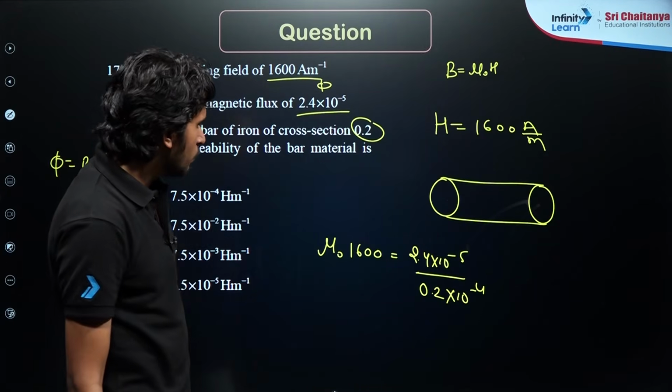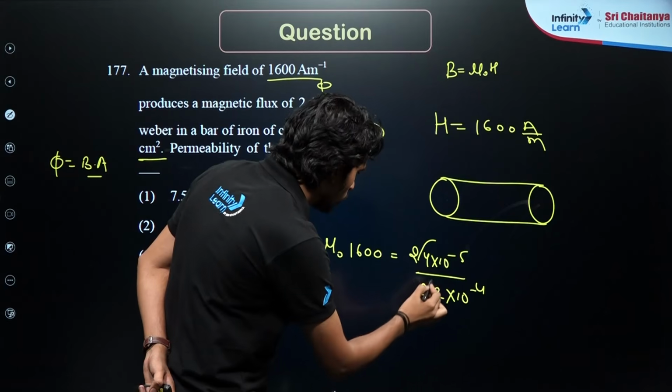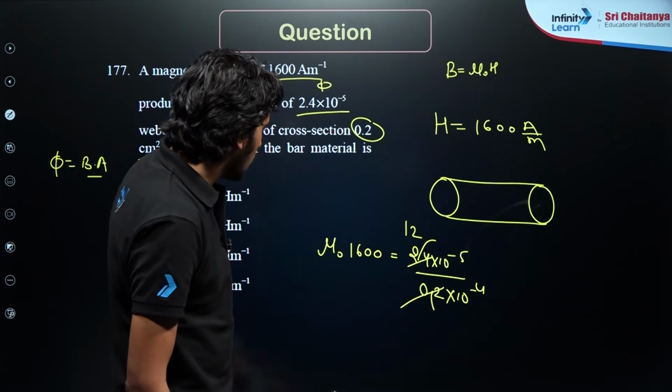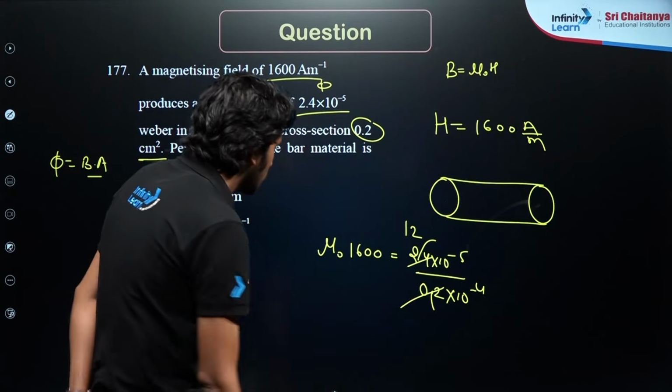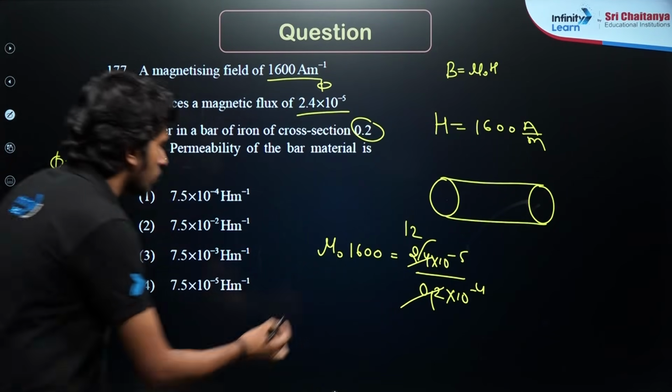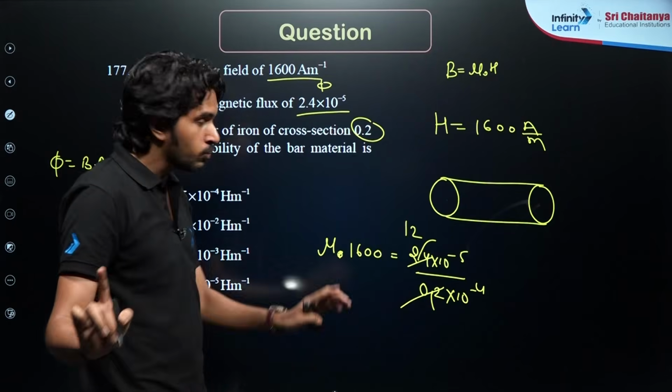Okay, then we got the value, point removed 12, okay, and then what we want is the permeability of the bar. So basically this is not mu naught, that is mu only.